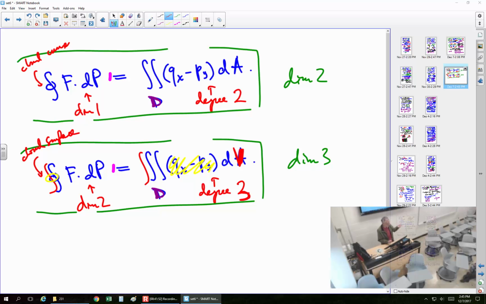Okay, so a three-dimensional region D is bounded by a surface. So D is inside, and on the outside, this thing, that is C, not C, but how about S? Okay, so it's a surface that bounds it.